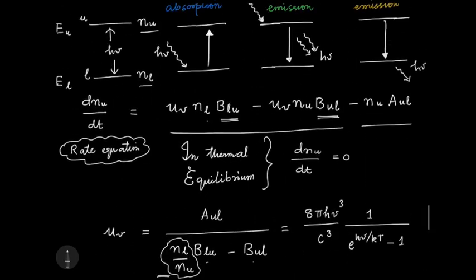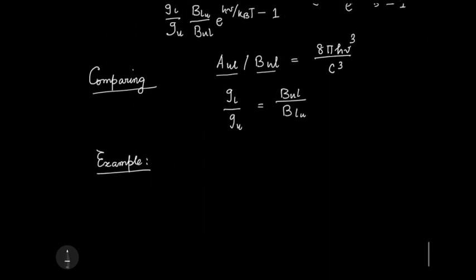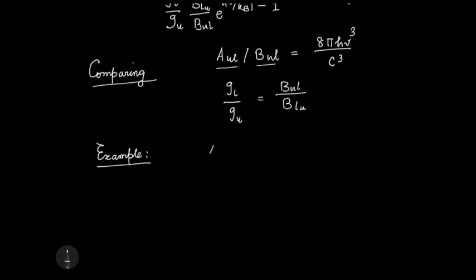So just for an example, it's not very apparent from here. Maybe it is apparent in this particular case. See, this is NU times AUL. If I just do a dimensional analysis quickly, I see that in the left hand side I have NU into T to the power minus 1, right? The time inverse is there.